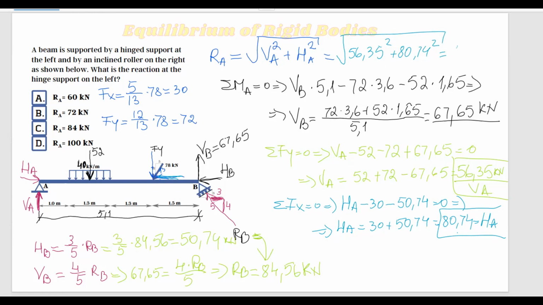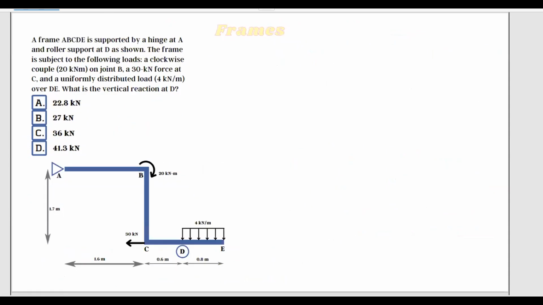I get 98.46 kilonewtons. And the closest answer is D, RA equals 100 kilonewtons. Great. Now we can move forward.